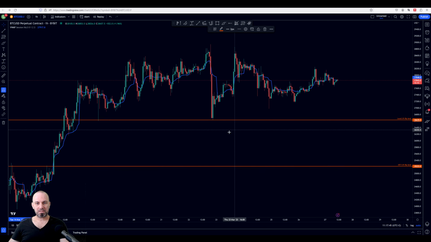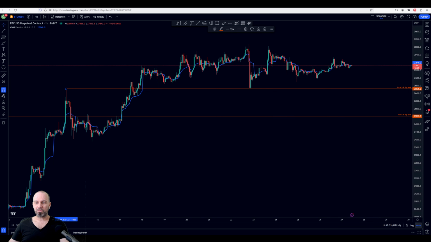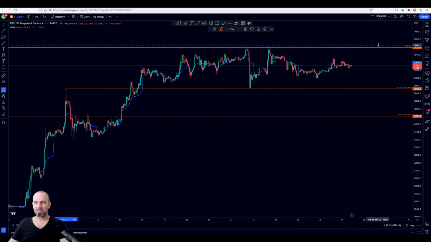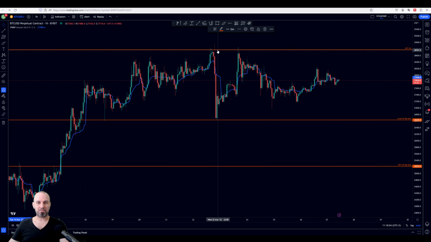Back test, you can see, to the absolute dollar here after the rejection from the high time frame value area high, right? So technically we do have, if we mark the high time frame value area high, right? So we're forming a range between the high time frame value area high, value area low.